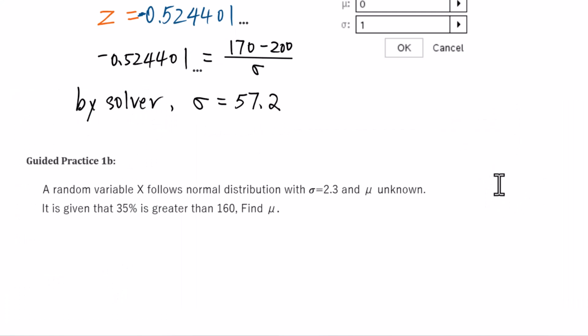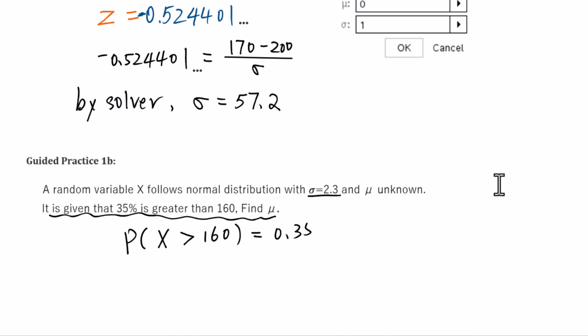Let's go to guided practice 1b. A random variable x follows normal distribution with sigma equals 2.3 and mu unknown. It's given that 35% is greater than 160. Find mu. Based on this information, we can write down probability of x greater than 160 equals 0.35.